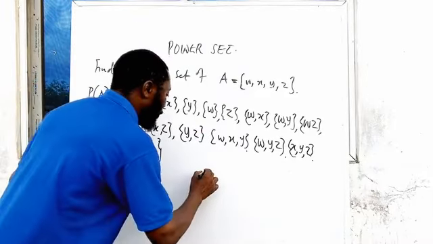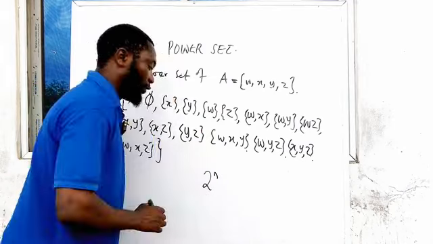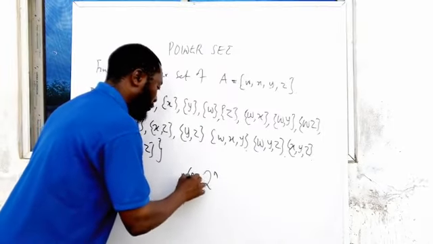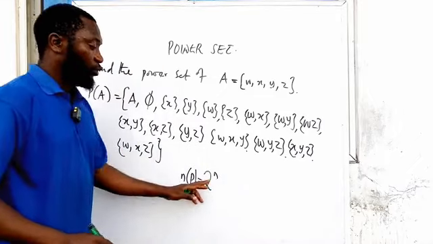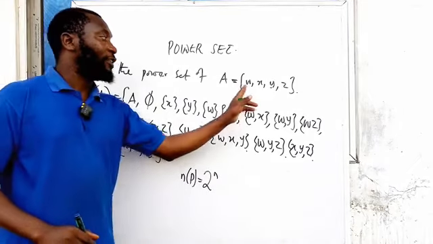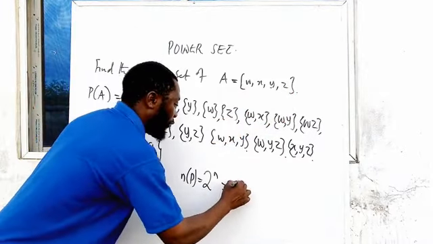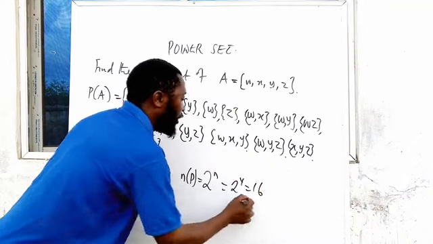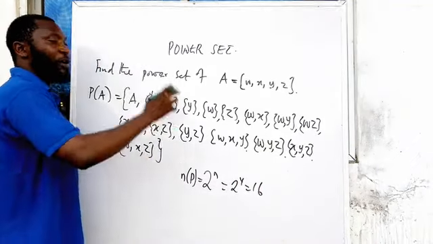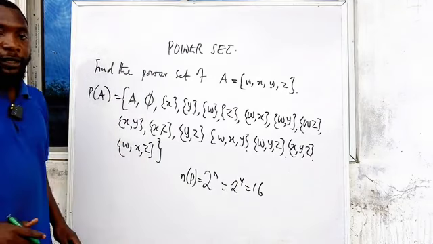The formula is 2 raised to the power of n. Don't forget. And n is the number of members inside that set. Here we have 4, so 2 raised to the power of 4 is 16. Meaning all the members of this set are listed.